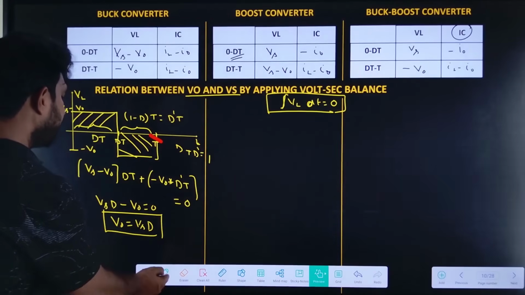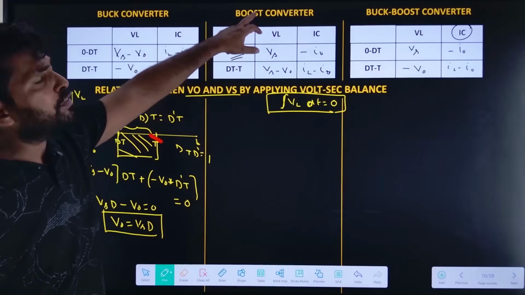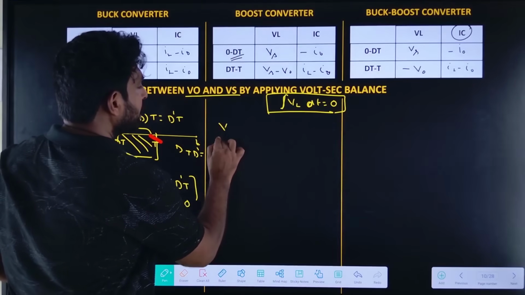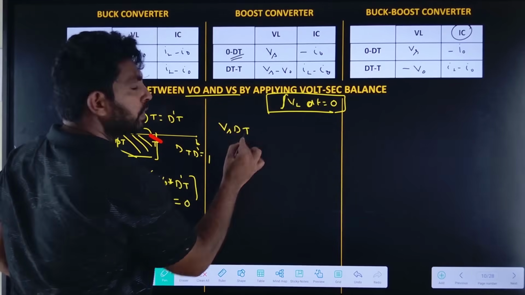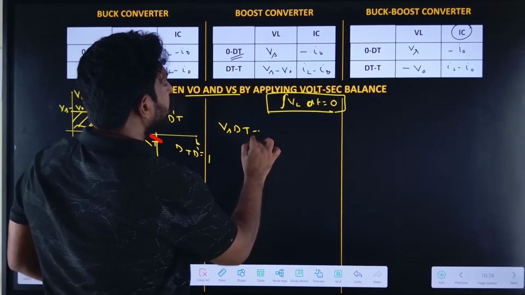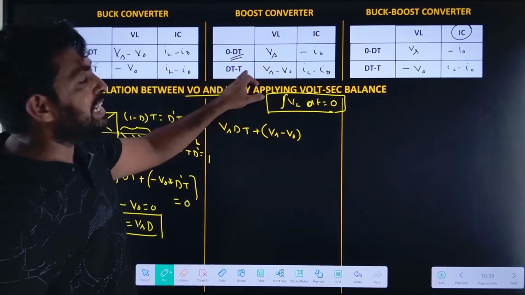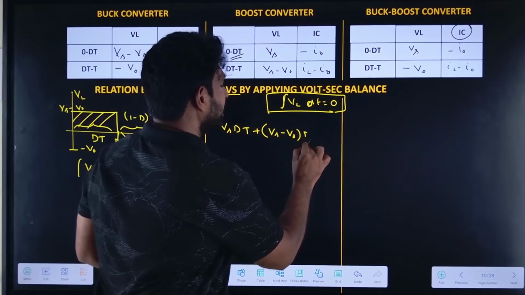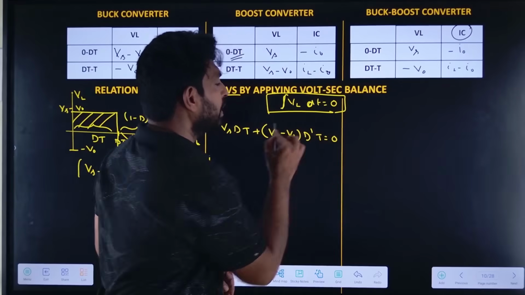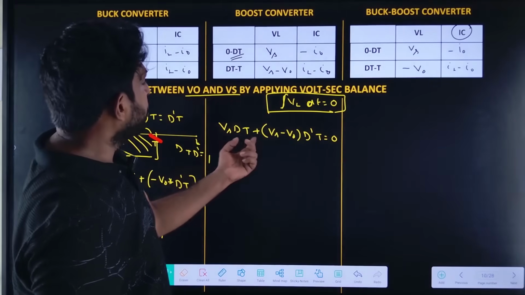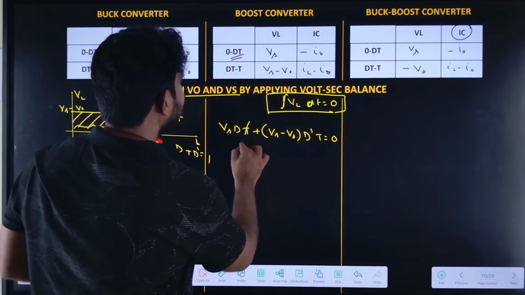So now if I apply for the boost converter, how can I apply? Vs into dt, right? Plus Vs minus V naught into d dash t, that is 1 minus d into t. So if I apply this, t and t will get cancelled out.